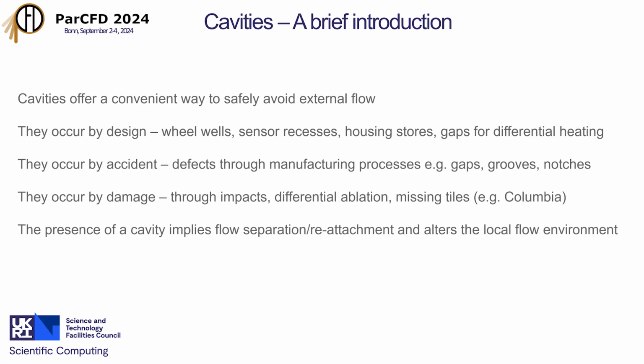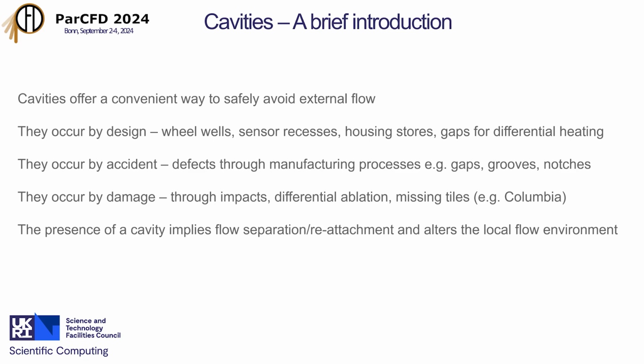You can also get manufacturing processes that lead to unwanted gaps and grooves, and also damage, either through an impact with a micrometeorite, or differential ablation. One of the attributing factors that they believe in the Columbia disaster was that one of the tiles came away, which then created a cavity environment, which would cause a very intense and highly thermally energetic flow around there, and that led to the disaster.